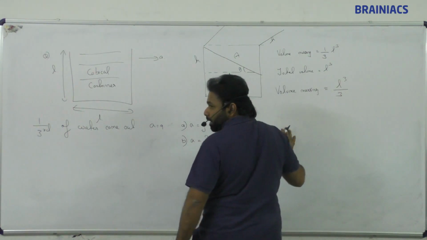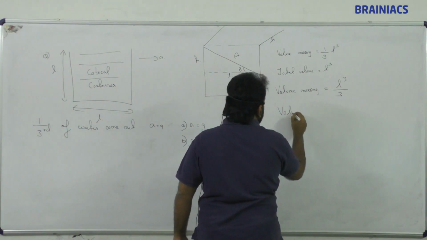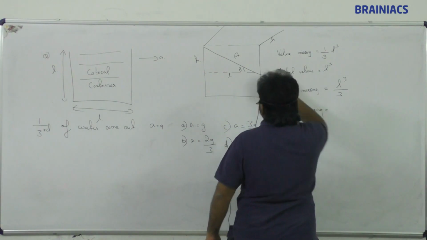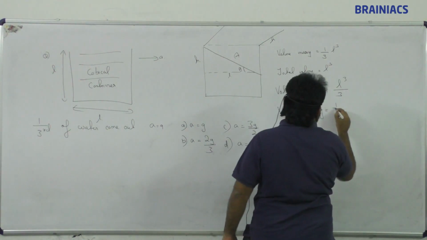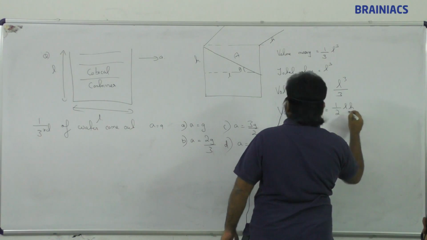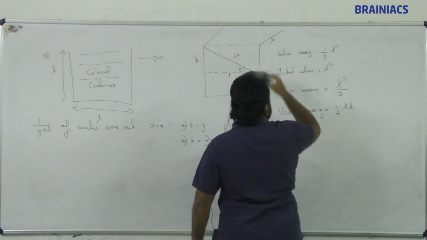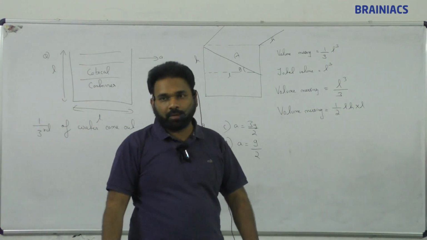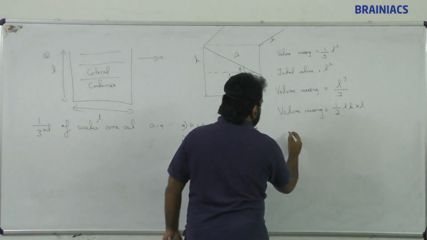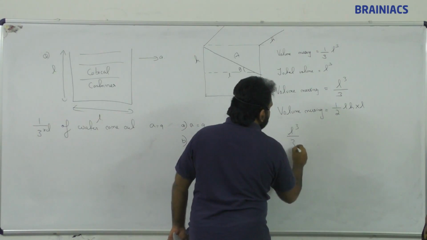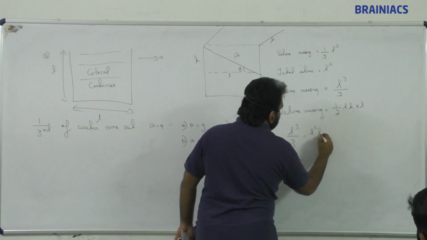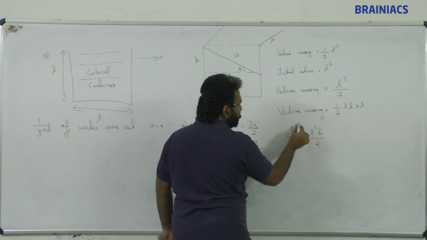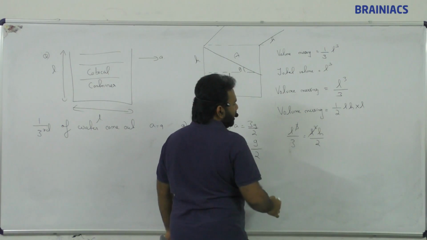That is one thing. Another thing is same way, volume missing is equal to this area, half L into H into this length, which is into L, correct? So suppose if you equate L cube by 3 is equal to L square H by 2. What we will be getting? L square can be cancelled off.